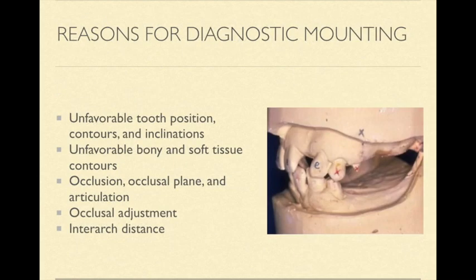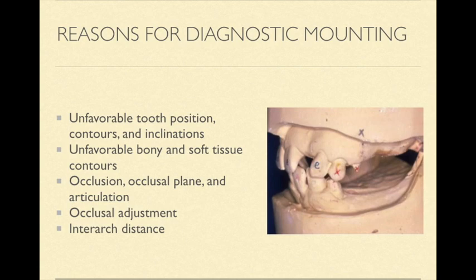So what are the reasons for diagnostic mounting? First, it lets us determine the favorable tooth conditions, since tooth contour and inclination might affect our removable partial denture design. Also, we can check unfavorable bony and soft tissue contours, or the occlusion.